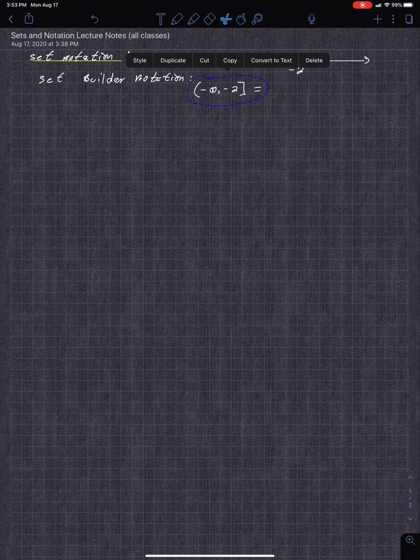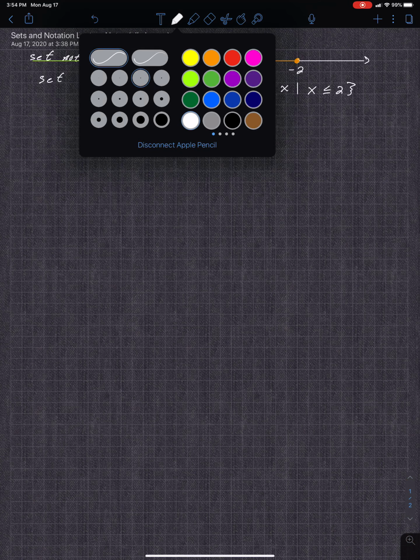Move that down a little bit. So it would look like this. It's the set x, and the vertical bar is such that x is less than or equal to 2. So that's the way you would write that. You'd read it like this.